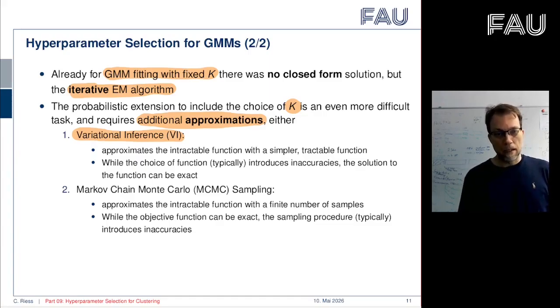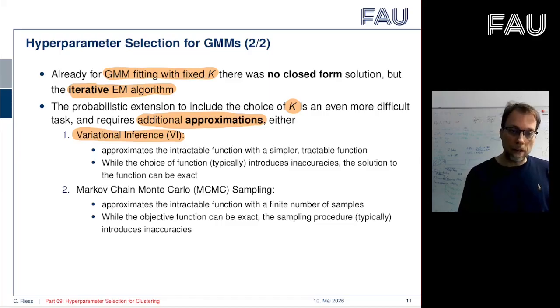And what does that mean? The choice of that simplification introduces inaccuracies, but the solution to that simpler function, in many cases of variational inference, can be exact, which is actually a nice property.